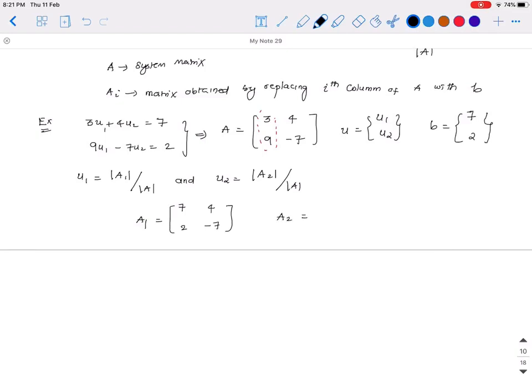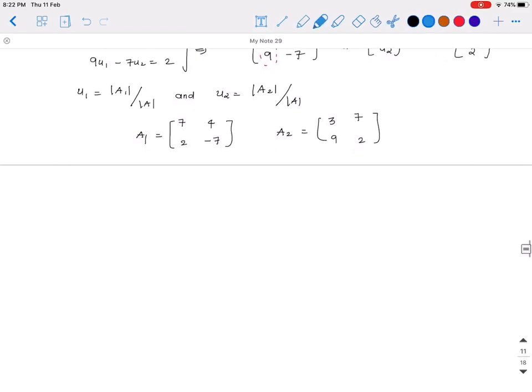A2 is obtained by replacing the second column with the right hand side, which is 3, 9, 7, 2. It's a very simple method, right? If you know A1 and A2, you can compute the determinants and calculate u1 and u2.